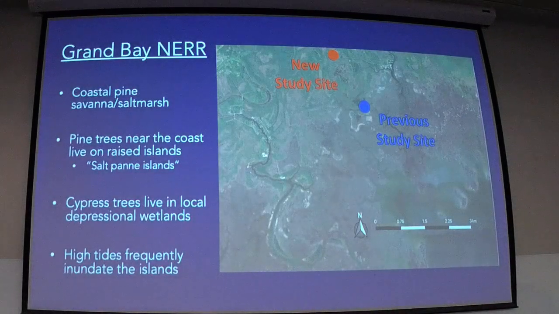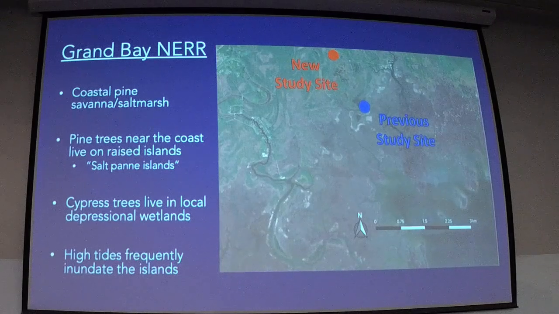As I mentioned, we're going to talk about Grand Bay first, and that blue dot you see on the screen is the study site from that paper I mentioned earlier. That's that previous study site. We are going to go back and look at those data again, but I just want to make mention how close this next site is to the previous site. Those were pine trees. Now we're going to switch to cypress trees.